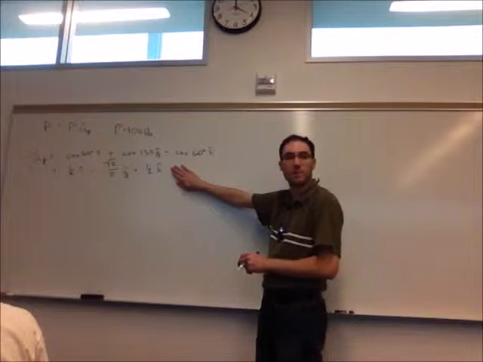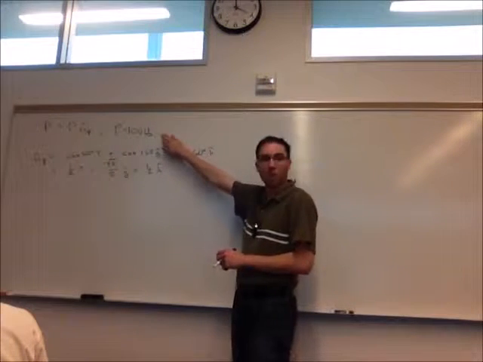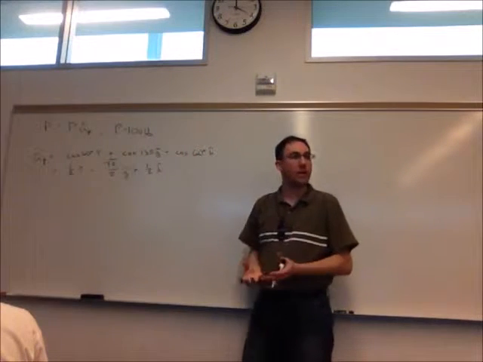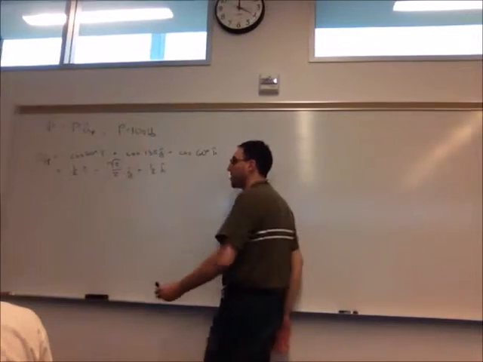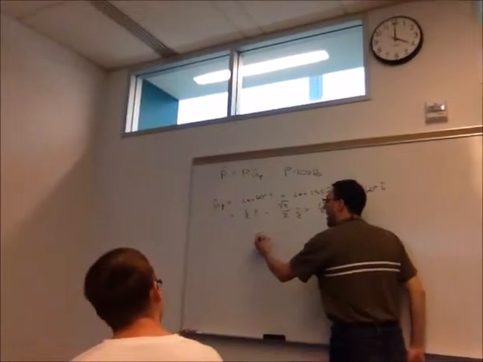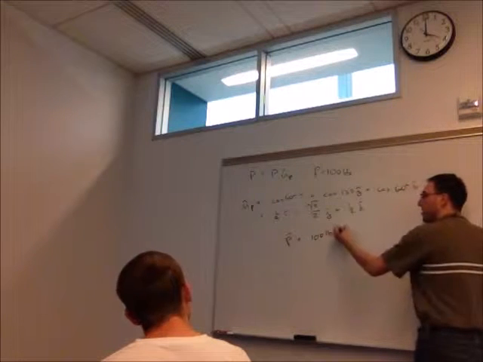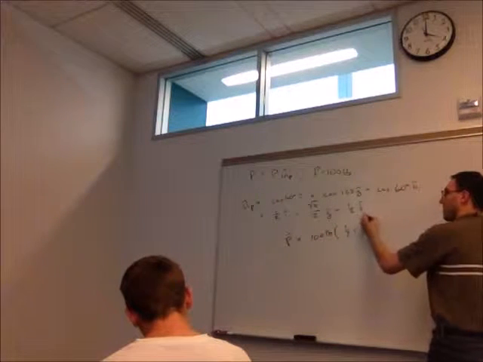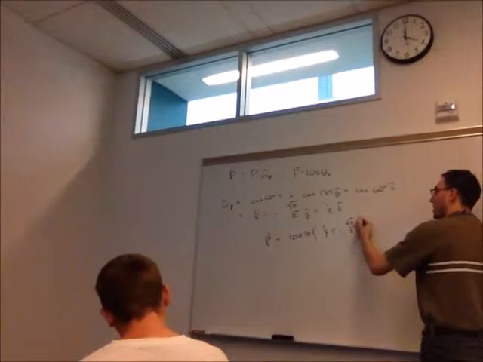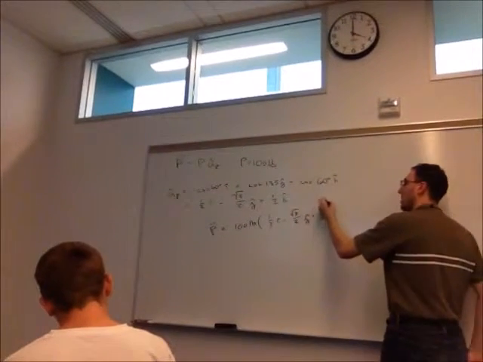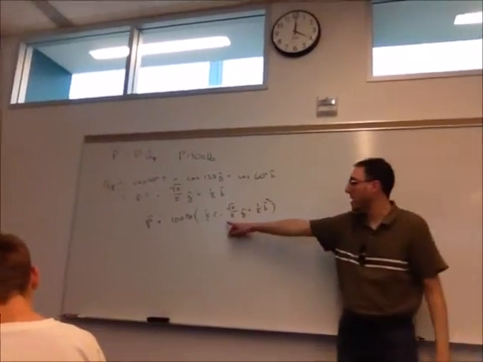So again, this just describes the direction. We were told the magnitude. Now we can get p in component form by multiplying the magnitude times the direction we just found. So we have a scalar times a vector.